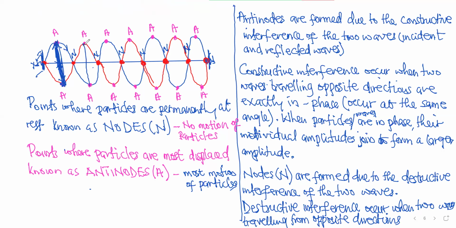So that is exactly what is happening here. But in formation of nodes, the two waves align themselves destructively and their individual amplitudes cancel out, and the net resultant is 0. So it is the same thing, but the explanation is what you need. Are you okay? Yes, please.